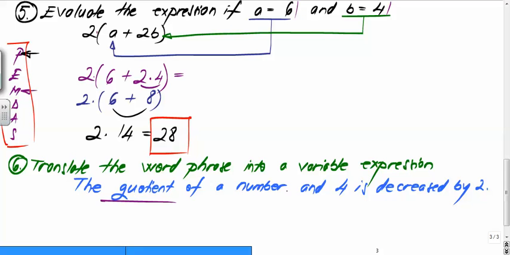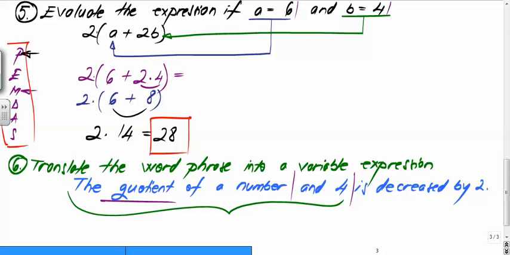The quotient of a number, that's your first part. But you need to remember what the quotient stands for. And quotient stands for division, right? The quotient of a number and 4. Okay, so this is the first part that we have to translate here.